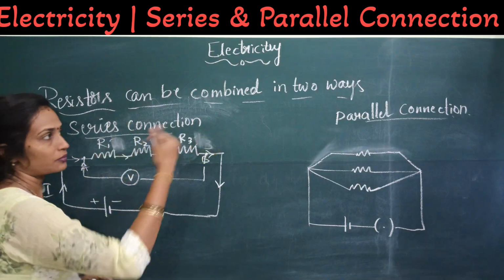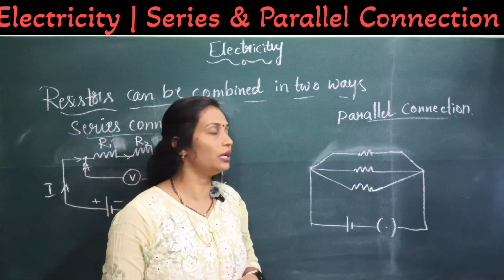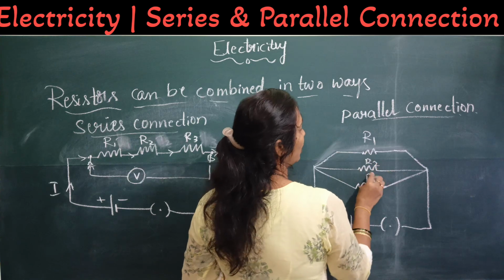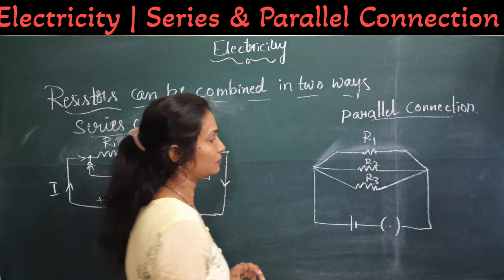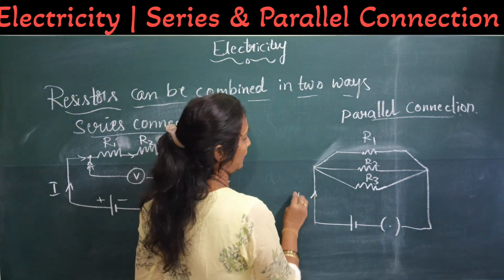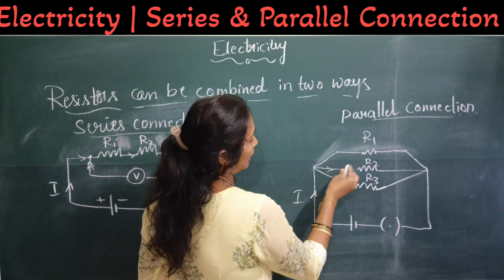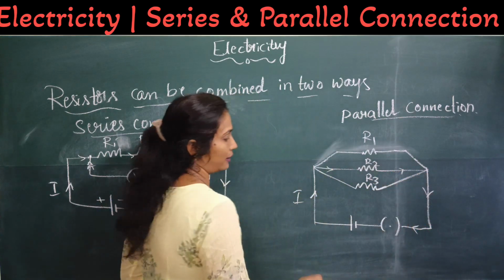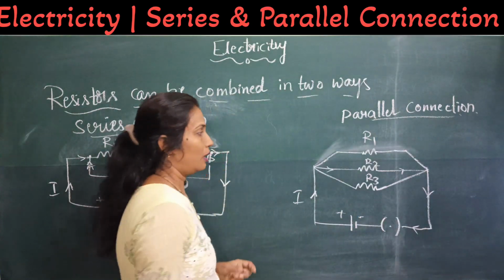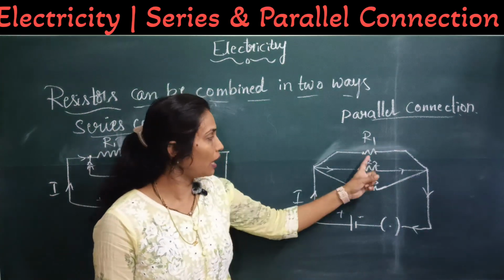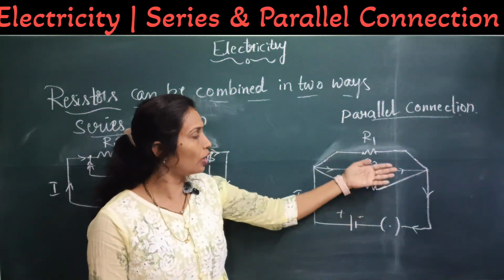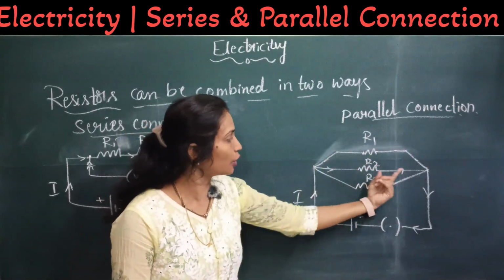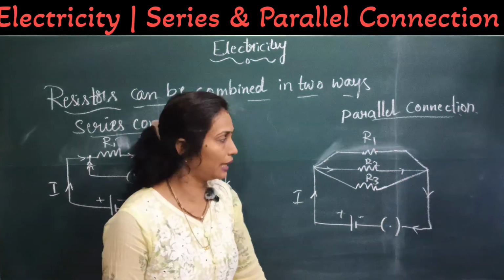Okay, now this is our parallel connection. Here R1, R2 and R3 are connected in parallel. This is the direction of the current, and the current is moving throughout the circuit like this. That is, R1 is like this, R2 is like this and R3 is like this.